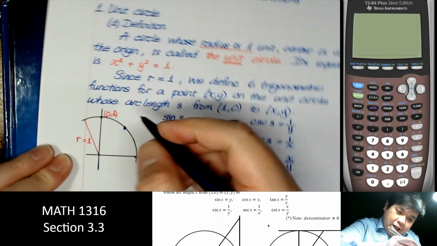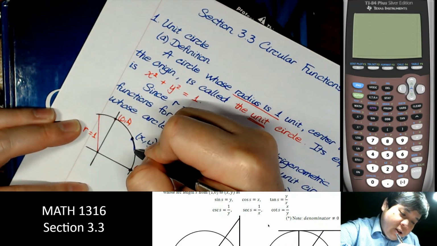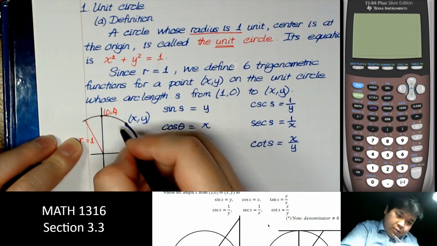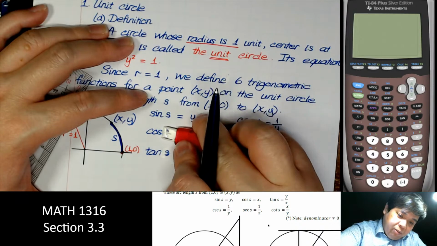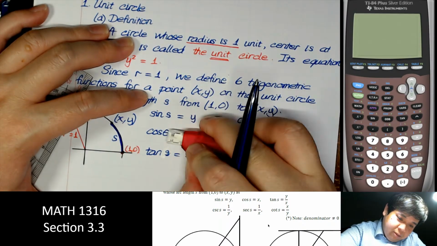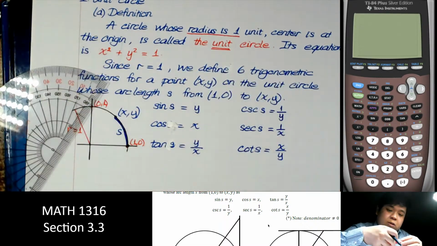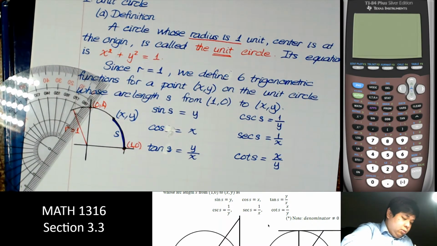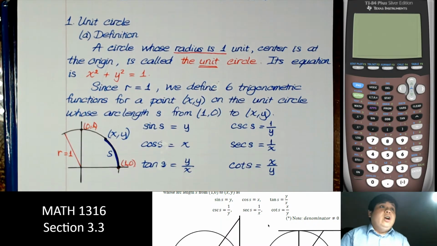If we have the point, let's say x and y, we have the arc length, and this function is defined as a function of the arc length s.